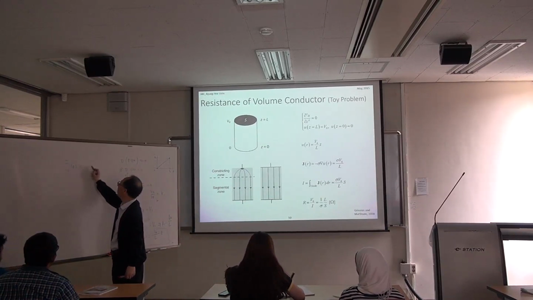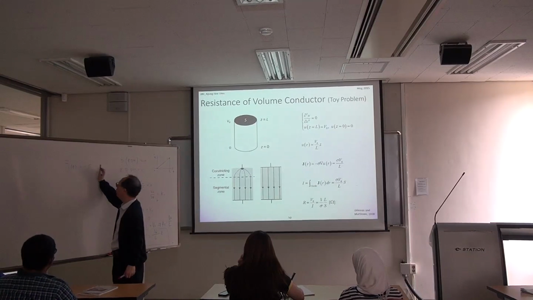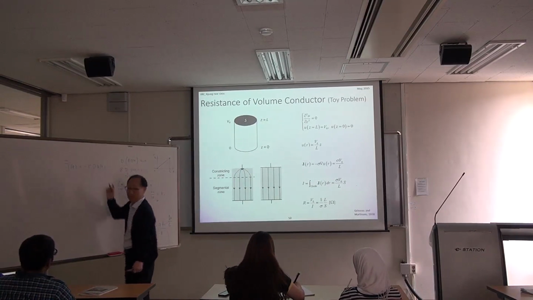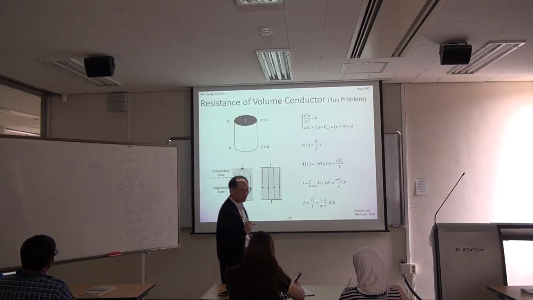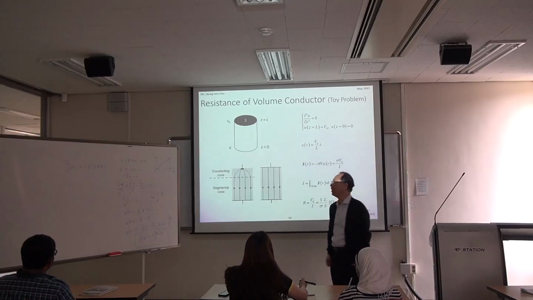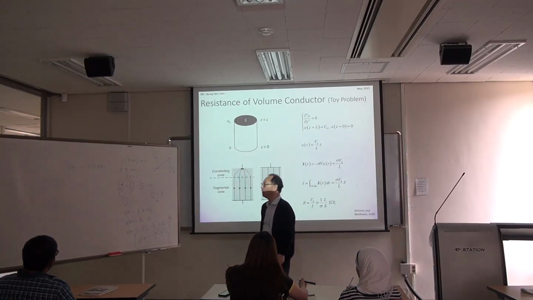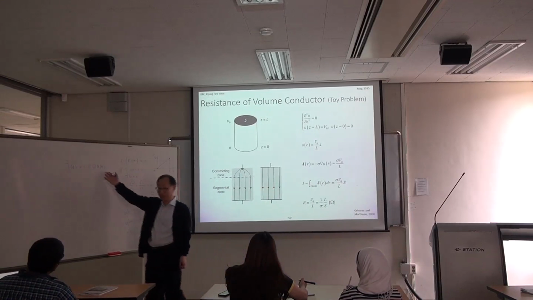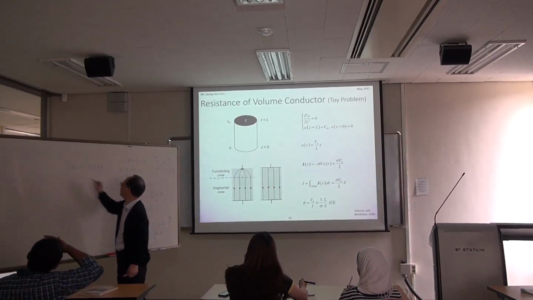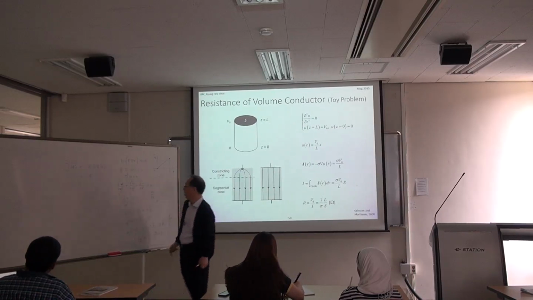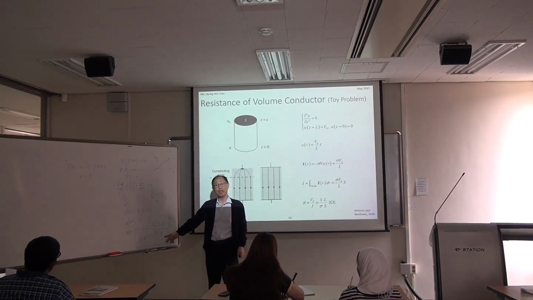This is minus conductivity times gradient of U. We calculate the gradient of voltage, that gives you the electric field, and you multiply by conductivity, then that's current density. What is the gradient of this thing?